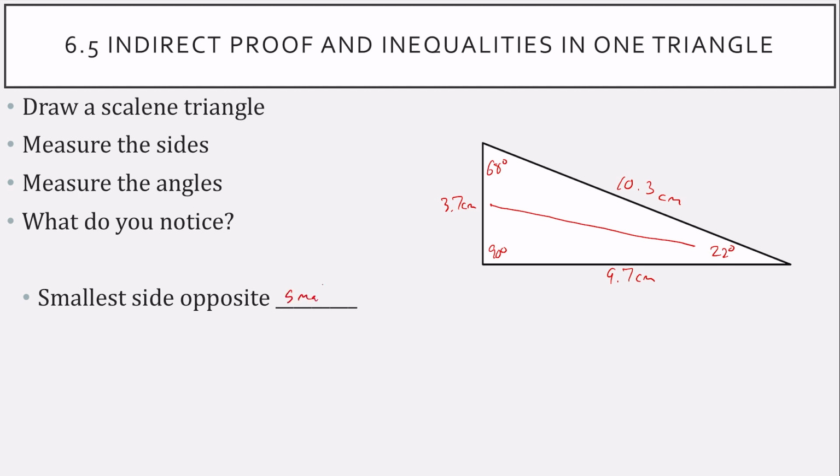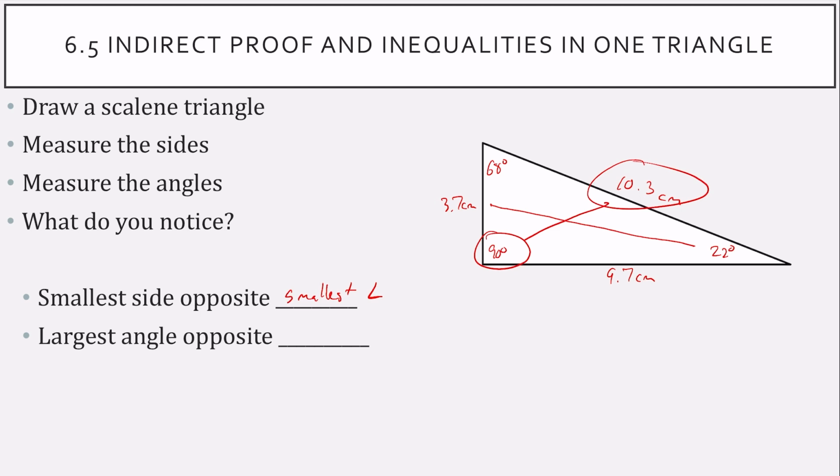It's opposite the smallest angle. And the largest angle, that one, is opposite the longest side. So the small side is opposite the small angle, the large side is opposite the large angle. How interesting.